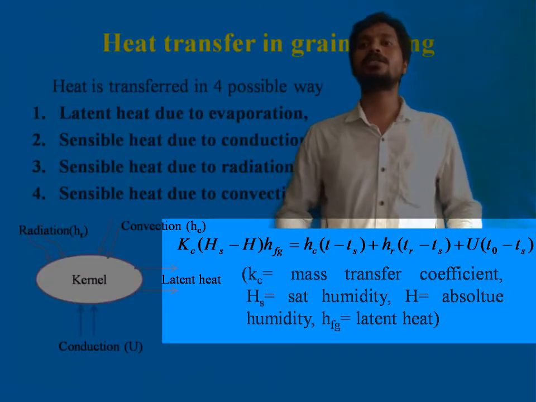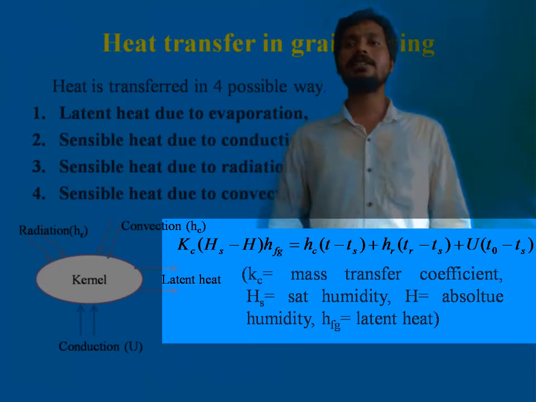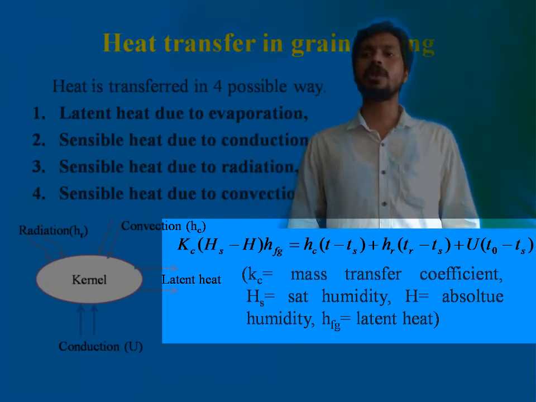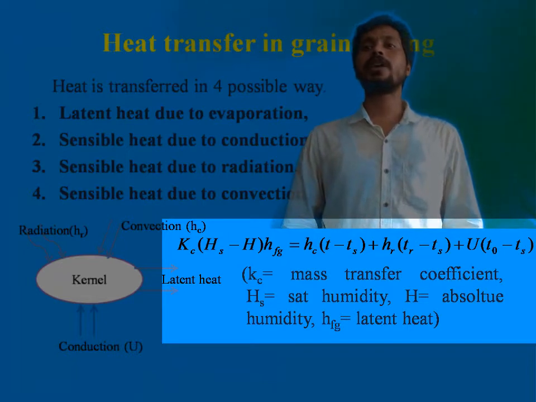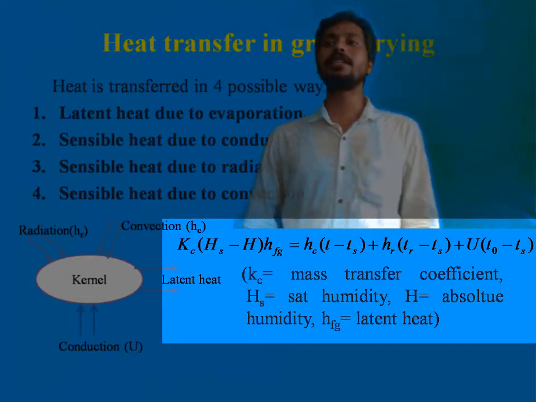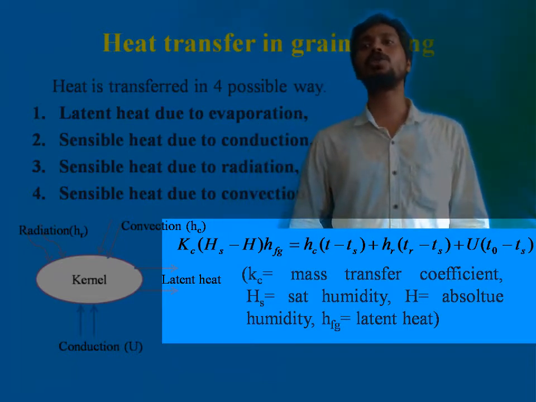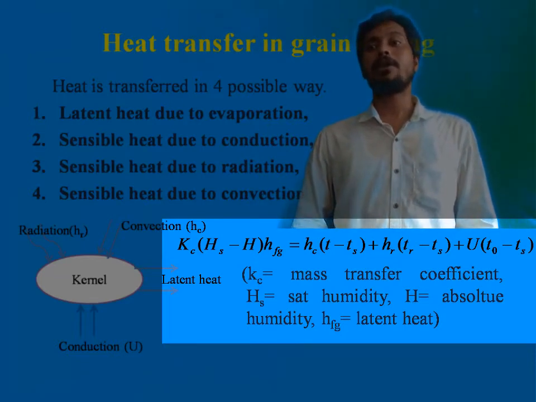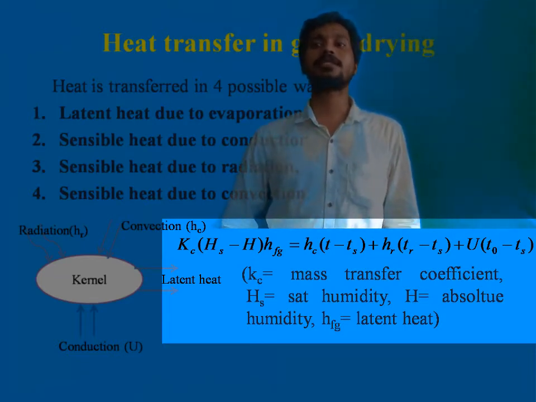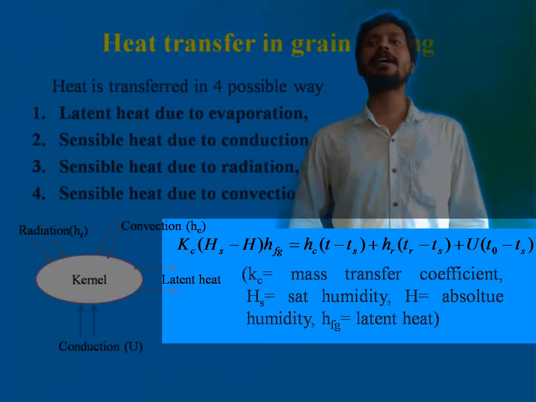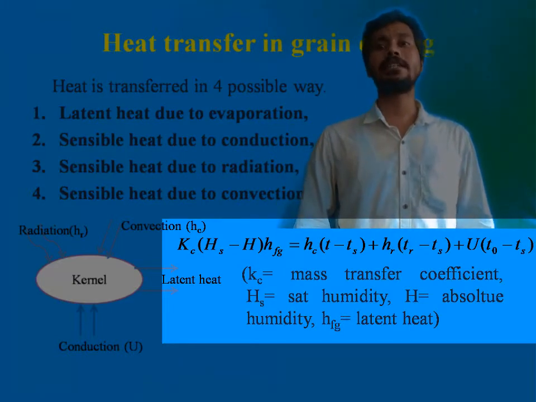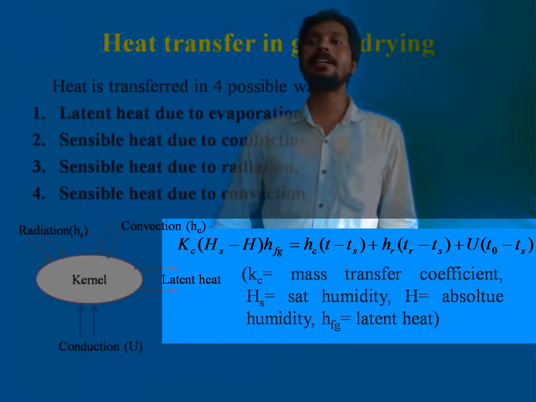if we express this whole process as an equation, the equation looks like this: Kc (Hs minus H) Hfg equals Hc (T minus Ts) plus Hr (Tr minus Ts) plus U (T naught minus Ts). You see the left hand side term is called latent heat, the latent heat Hfg.